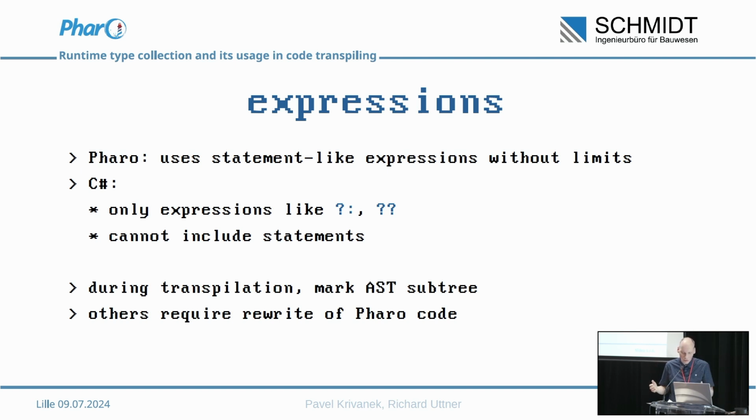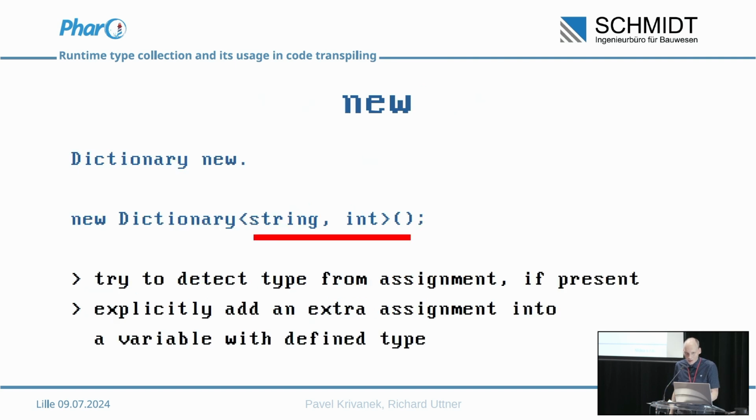We actually need to reduce it to some subset, but in most cases, it's not so horrible to adjust the existing code. One problem is with new statements, because of course when you create some object in C#, like a dictionary, you need to define the type of the keys and values, and in Pharo code you do not have this information.